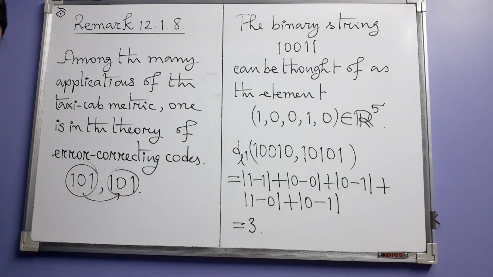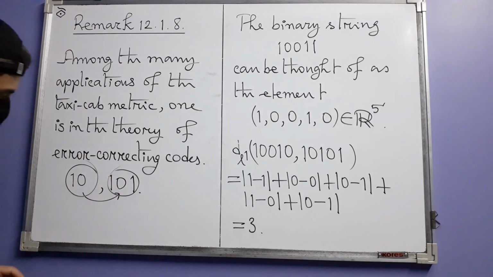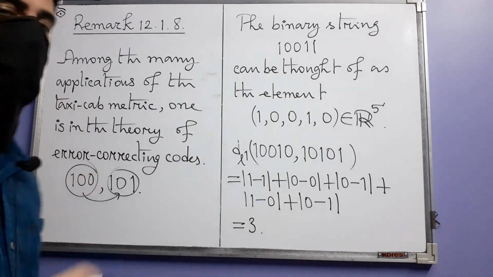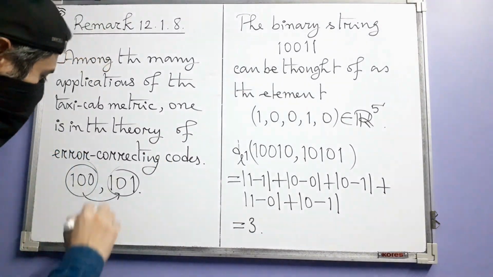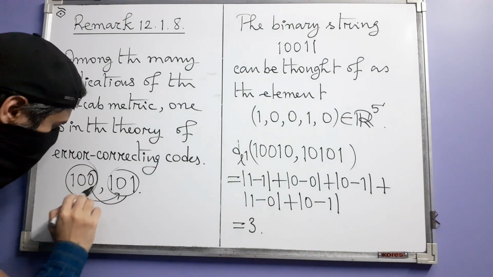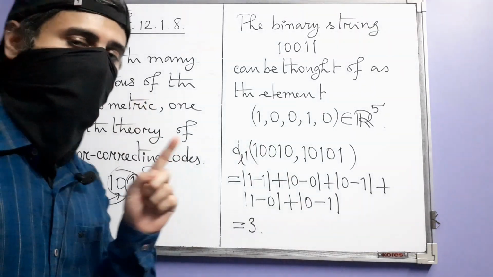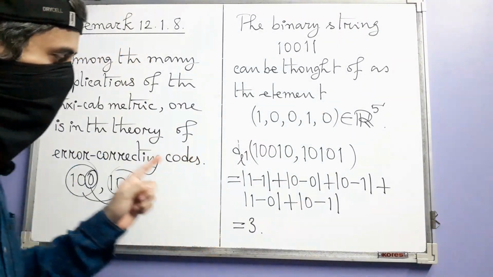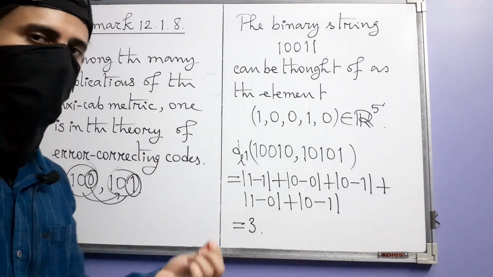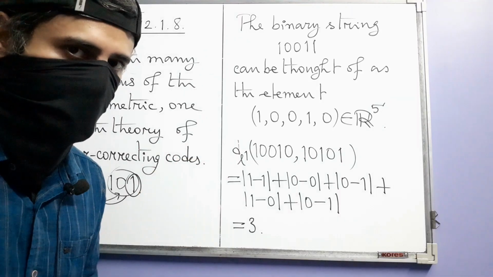Why did this happen? It happened because originally the two strings were very much like each other. They only differed in exactly one place, these last bits. Or in other words, the distance between them in the taxicab metric was very small, 1. So in that sense, they are very close to each other.